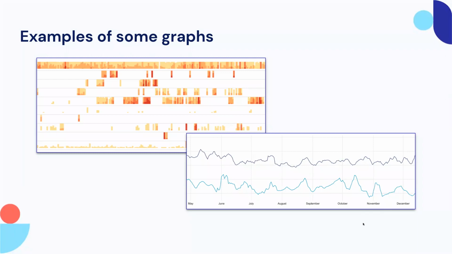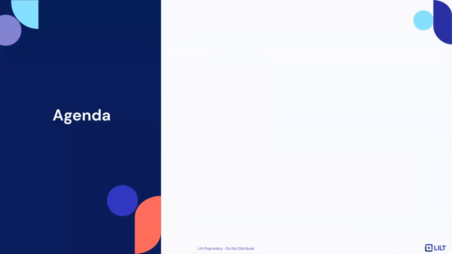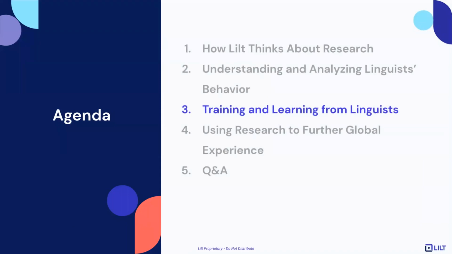That's all. Yeah, and it's a nice segue into the next part of this webinar. It's great that we can understand all these behaviors and see how linguists are using the platform and what's working and what's not. But there is that crucial next step of what do we do with all that data?